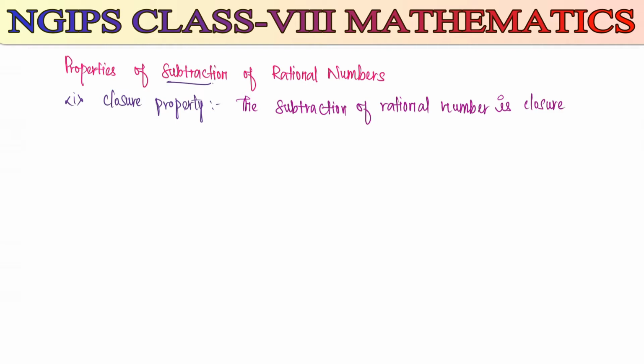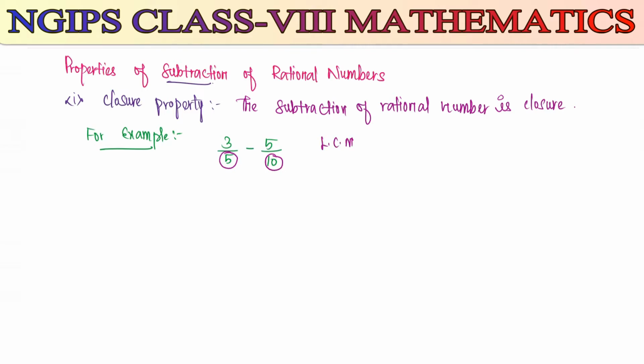It means it is going to satisfy the closure property. Let me see with an example. Here we have 3 by 5 minus 5 by 10. If you look into the denominators, they are not same. Here it is 5 and here it is 10. So when denominators are not equal, we need to take LCM.